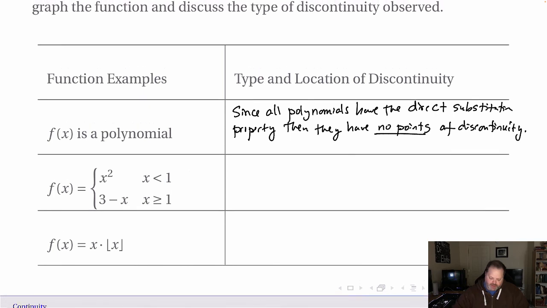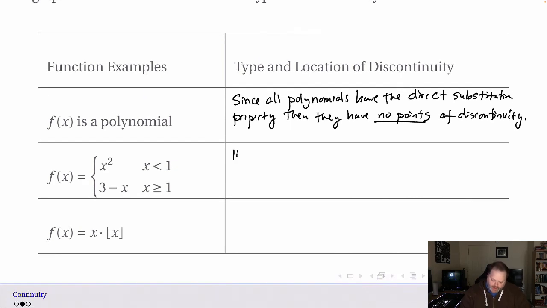So since the limit as x approaches 1 from the left of the function is equal to 1, and the limit as x goes to 1 from the right is equal to 2, these aren't the same value.